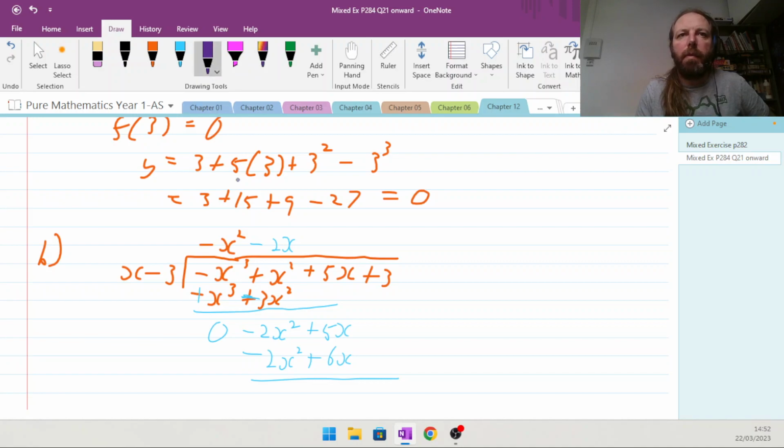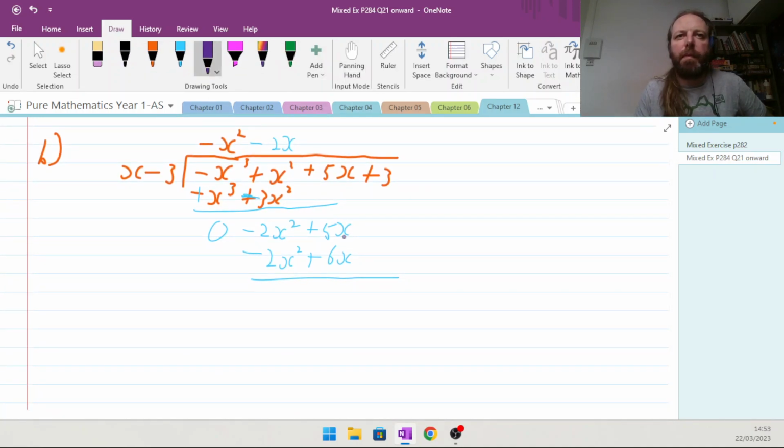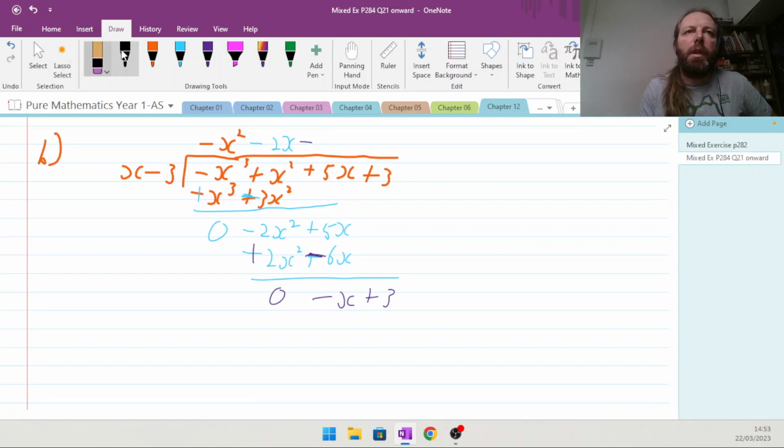Okay, a bit more space. Do the sign change. That becomes a 0, minus 6 plus 5 minus x plus 3. So I want a minus x up here. No, I don't want a minus 1. Done the x's.